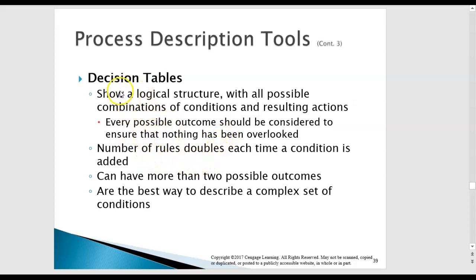So basically a decision table should list out all possible outcomes that need to be considered, and you have to make sure that you're not overlooking any of them, because if that happens, then whoever is the user of the system will be confused and wouldn't know what to do next, or the system would also not know what to do next. The number of rules doubles each time a condition is added.